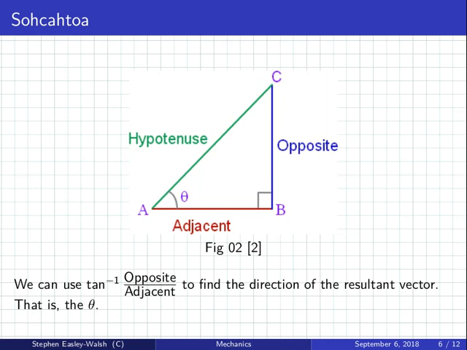Of course, you can use sine and cos, but it's this one we use the most, because in most problems we always know the opposite and the adjacent in physics. Okay, let's continue.